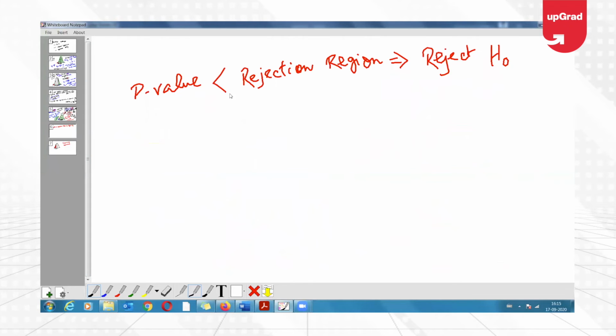So the p-value is less than the rejection region, I reject H0. Why? When can the p-value be less than the rejection region? Actually you should know, it should not say like this.